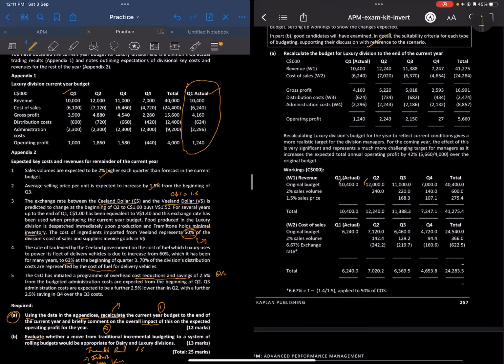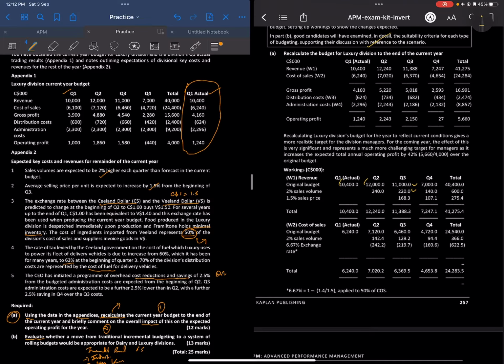And then the price increase is supposed to begin from Q3, so not in Q2 but Q3. So the 1.5% increase is going to come from Q3. So it's going to be 11,000 and then 220, right? 11,000 plus 220, 11,220 times 1.5%.